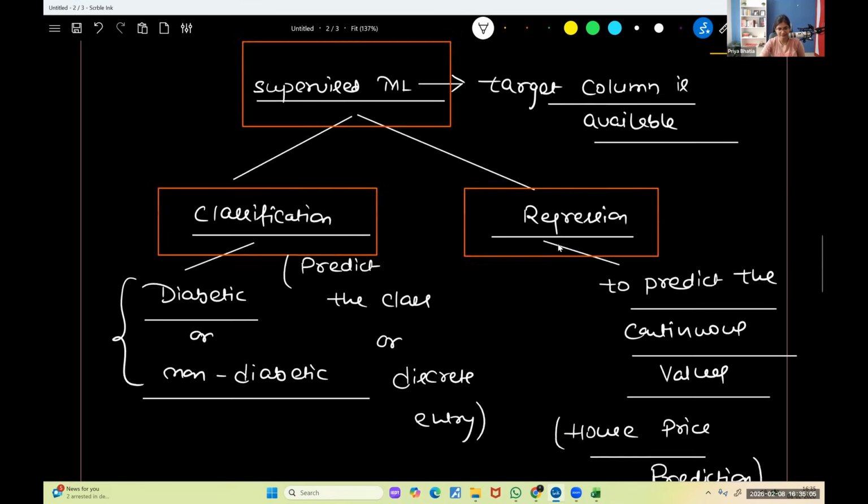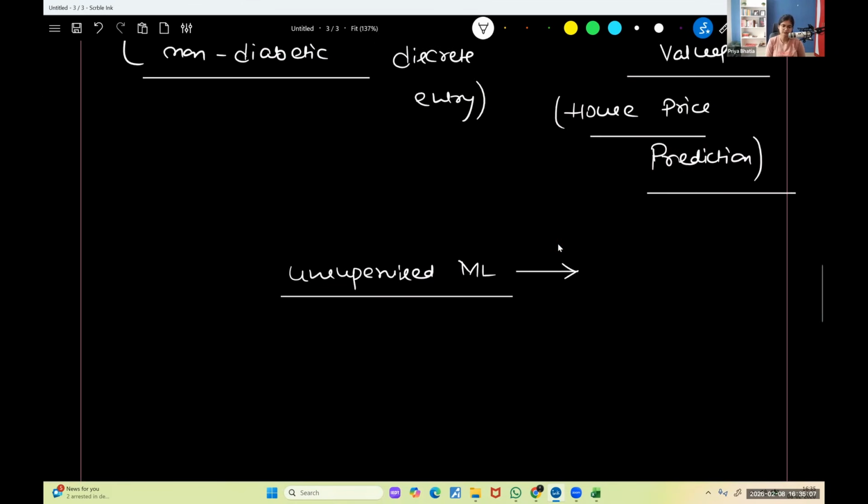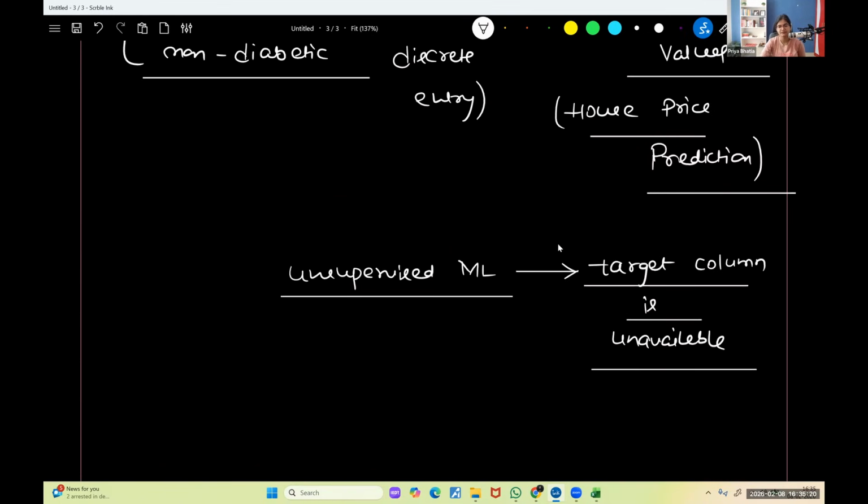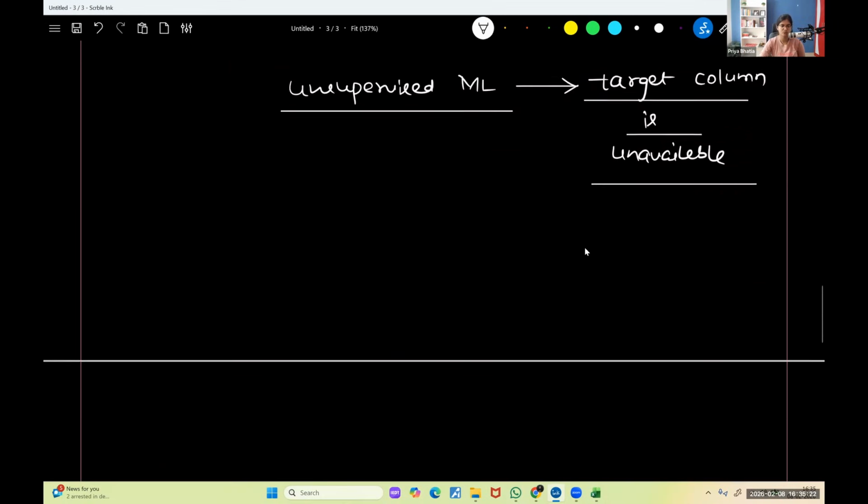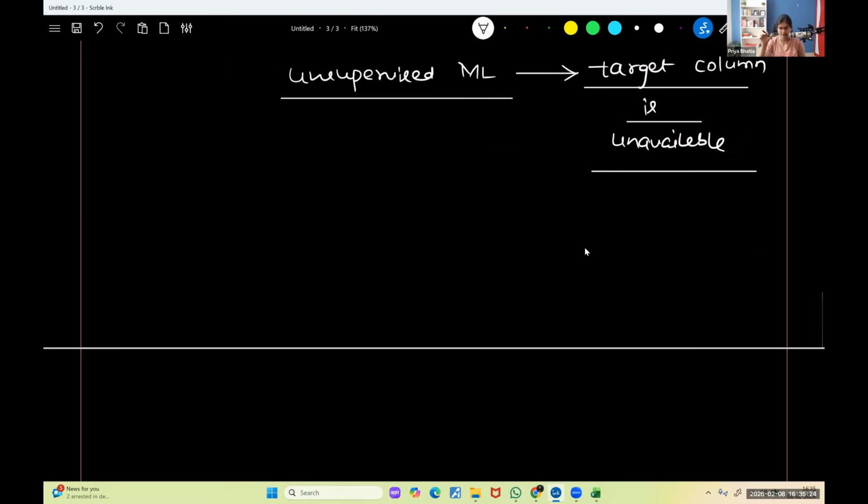It means that over here, the target column is unavailable. So we will have classes of customers. Maybe I want to do a segmentation of customers. A very interesting application is customer segmentation.